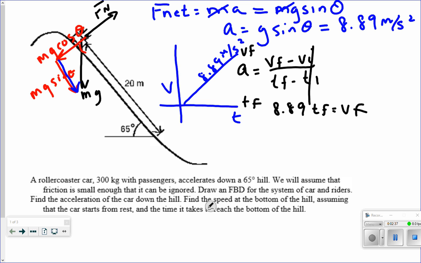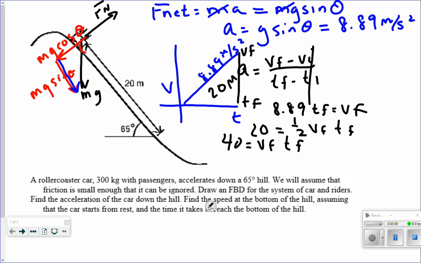We can't get very far quite yet, but we're missing another piece that we never really put down, and that is how far the roller coaster is going down the hill, which is our 20 meters. So when we consider the area of our triangle being 20 meters, and that is 1/2 VF TF, I'm going to move the 2 over, multiply both sides by 2, because I think that makes it a little bit easier. I'm going to take this and plug it in for VF.